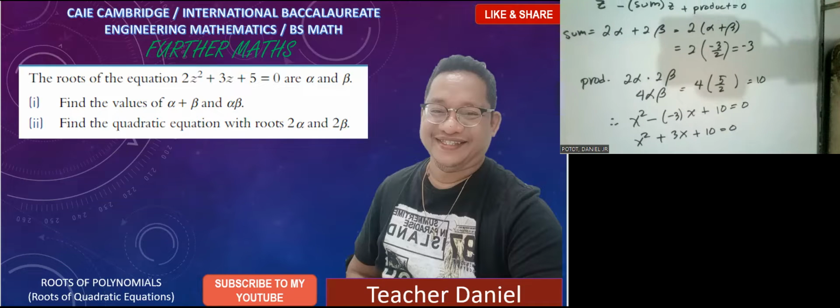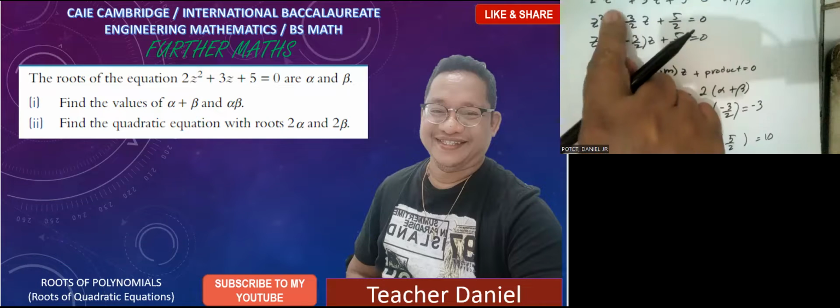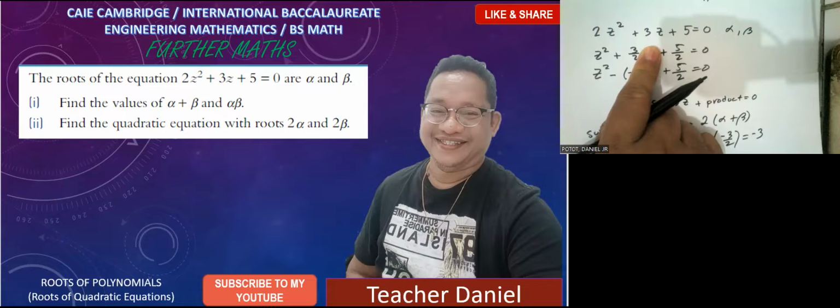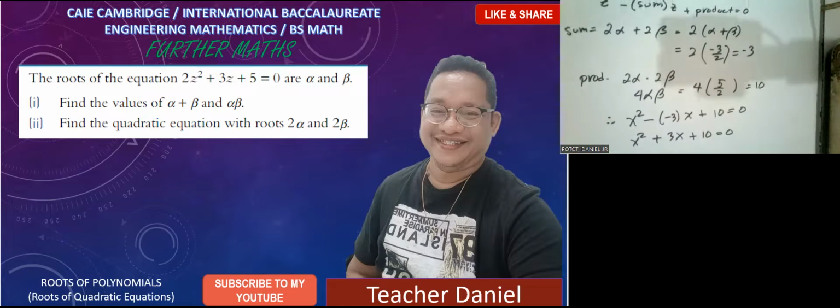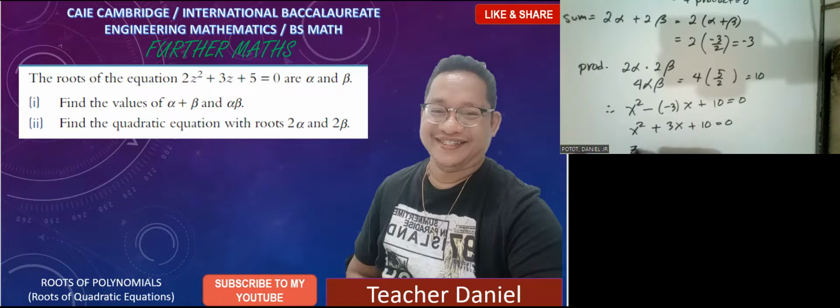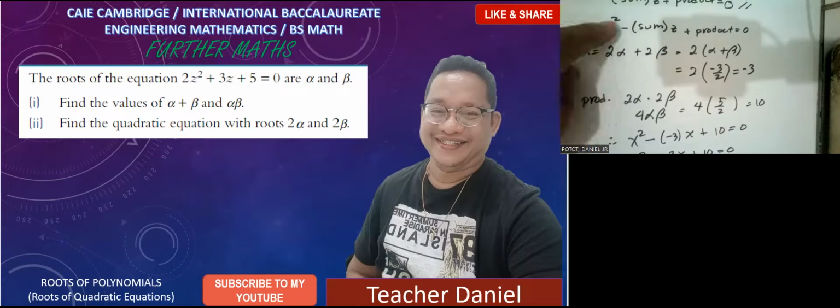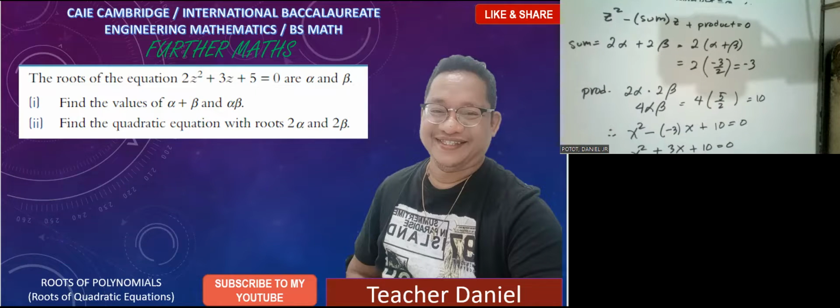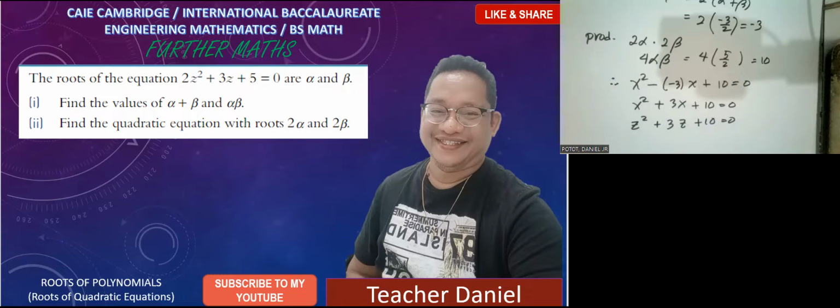But you know what? Because this one is in terms of z, and as I have said, they are connected with each other, I will just use the same variable. If the first equation is in terms of z, then the connected equation must also be in terms of z. All right, so that's the answer to this question.